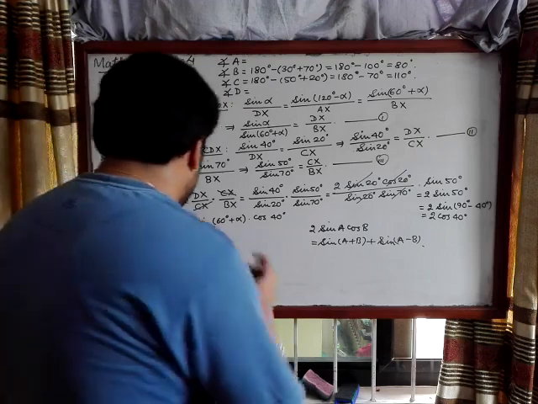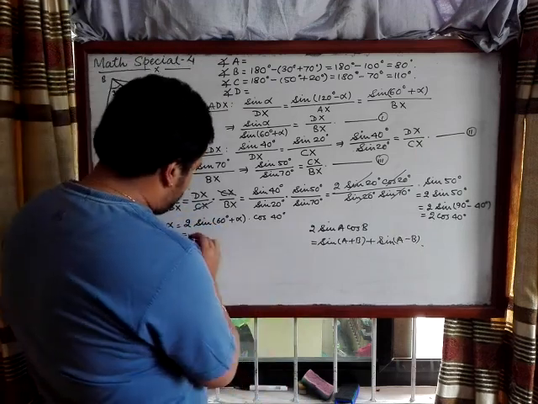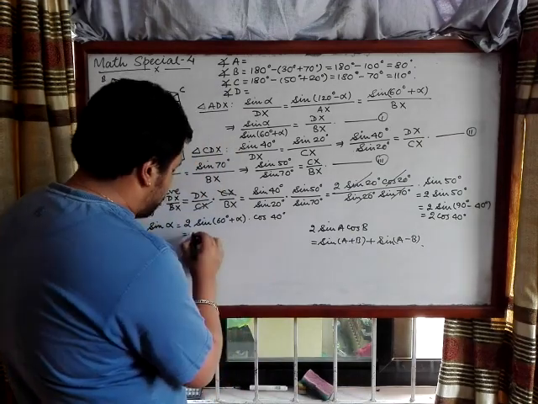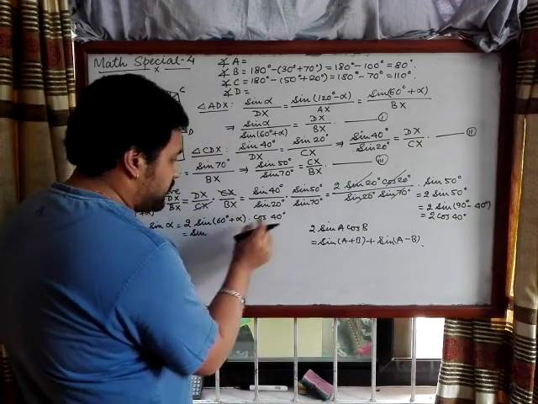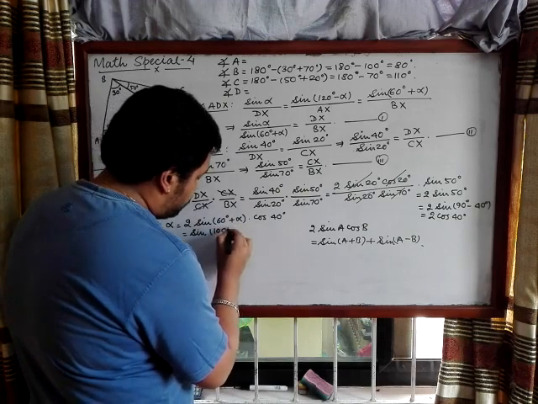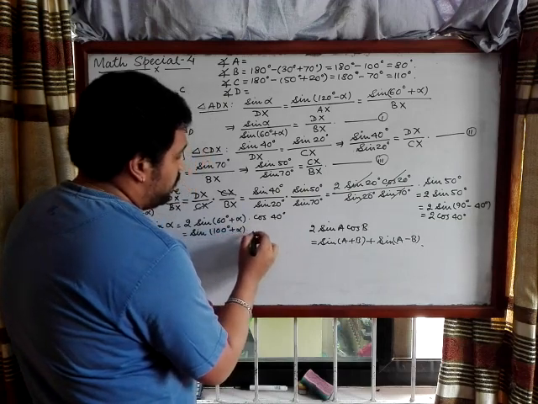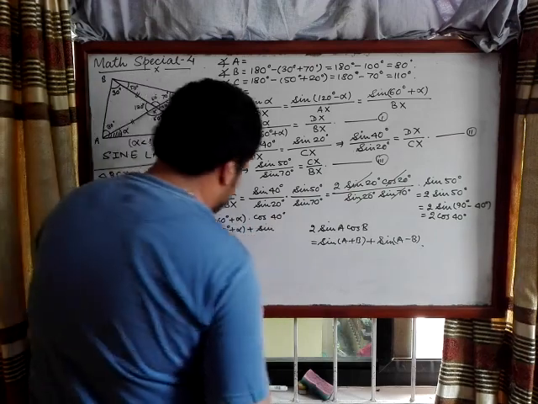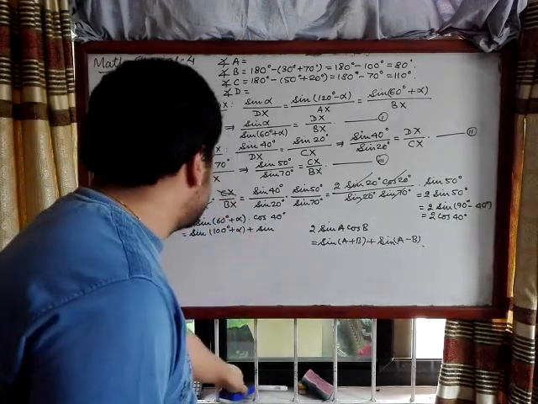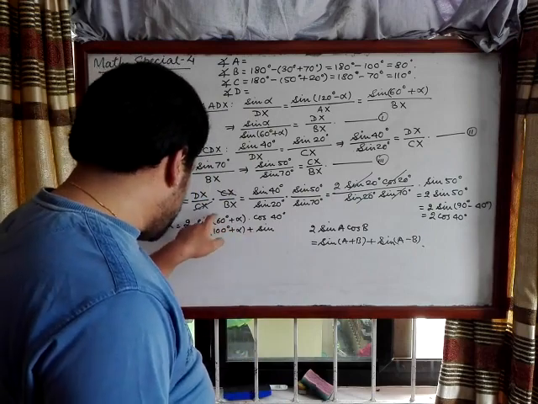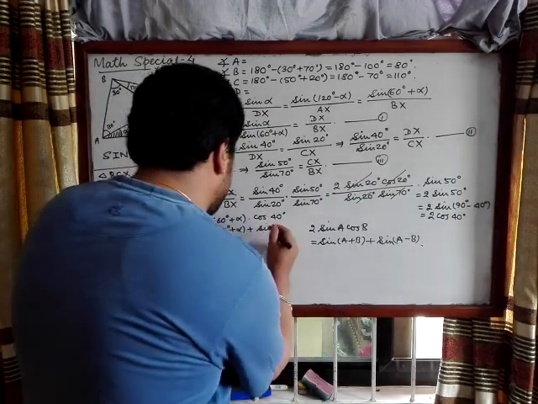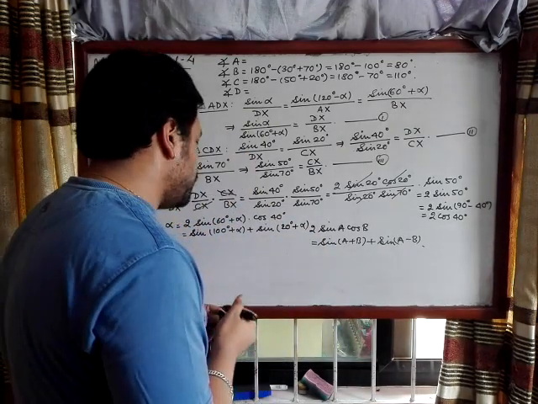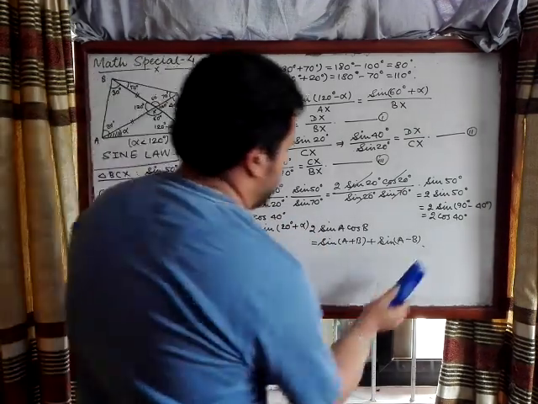So this is equal to sine A plus B means 100 degrees plus alpha, and sine A minus B means, what do we have? A minus B means 60 minus 40 means 20 degrees plus alpha. Okay, so this is what we have.